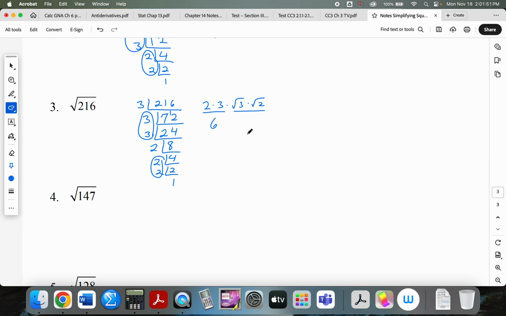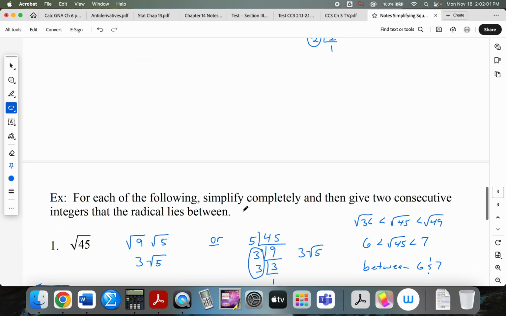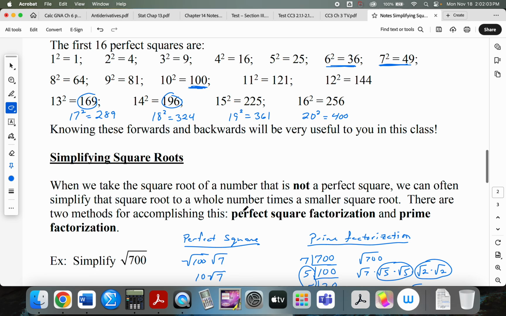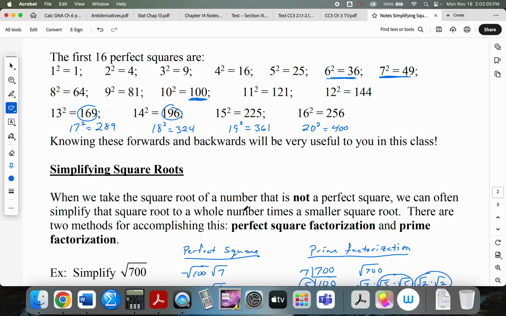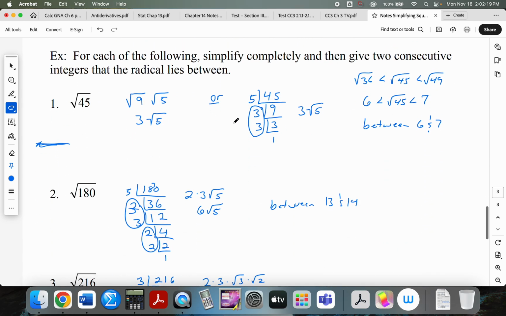The square root of 3 times the square root of 2 is the square root of 6. So that is 6 square roots of 6. We'll look back at our table, and after a while you'll start to memorize these. See, 216 is in between 196 and 225, right? So this is somewhere between 14 and 15.